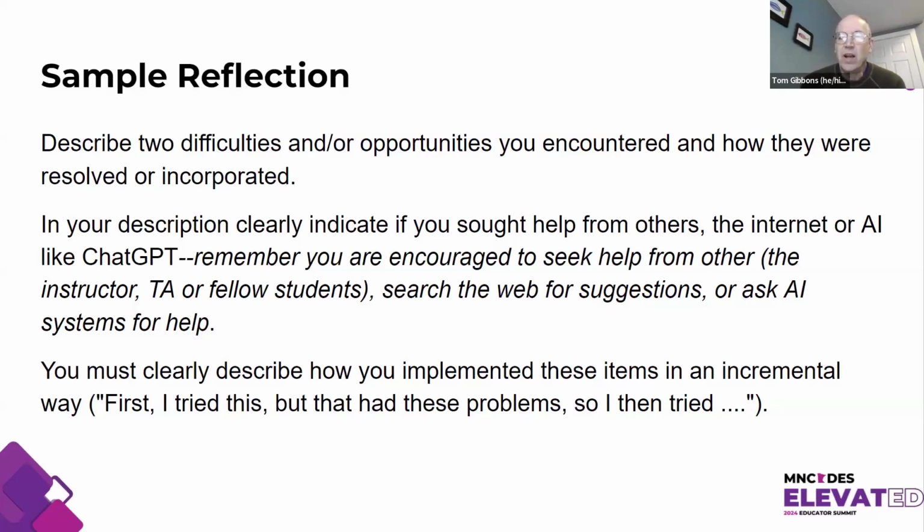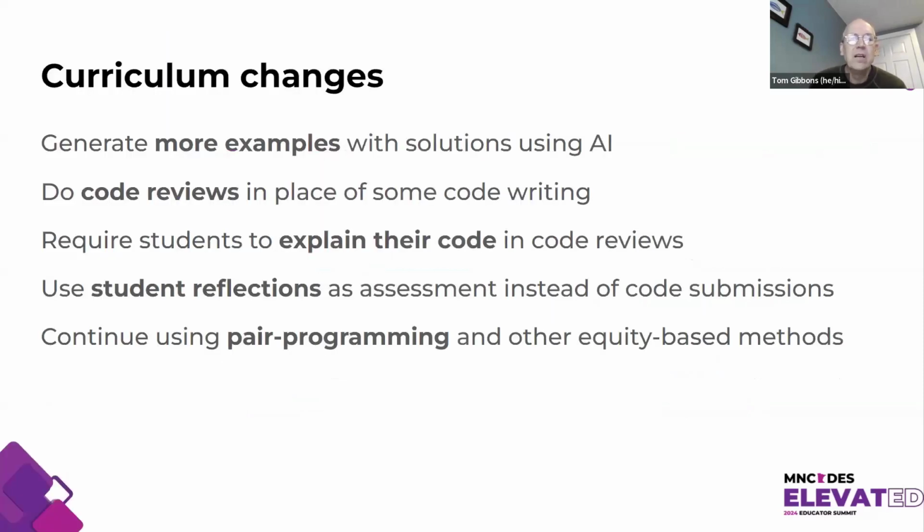Generally what I want them to do is to try it on their own, and then seek help, and then incorporate that, and not just take the solution and replace their own, but incorporate that solution into how to fix their own examples of it. So that's what we're often doing as far as a reflection goes.